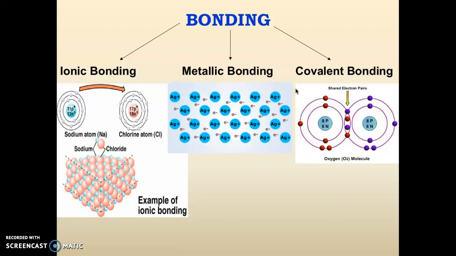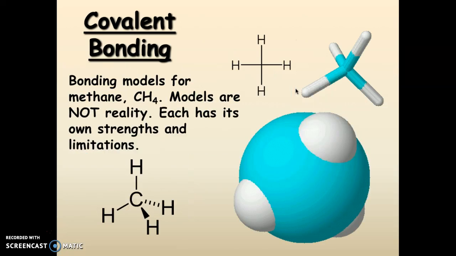Okay? And the big difference between covalent and ionic, besides the fact that covalent is nonmetals only, remember ionic being metals and nonmetals, is that covalent is sharing electrons. Okay? So, covalent bonding, our goal here is to build models of a molecule, okay, to determine the three-dimensional structure.